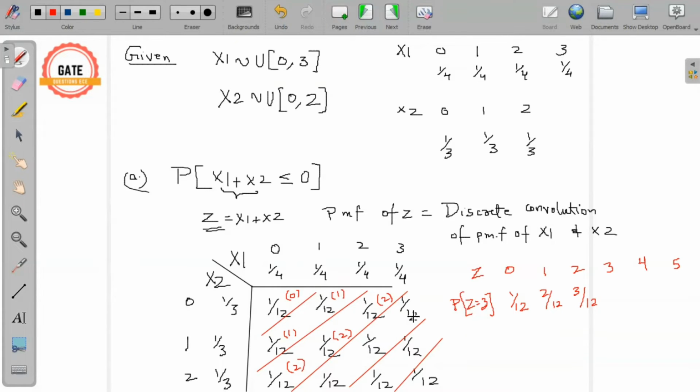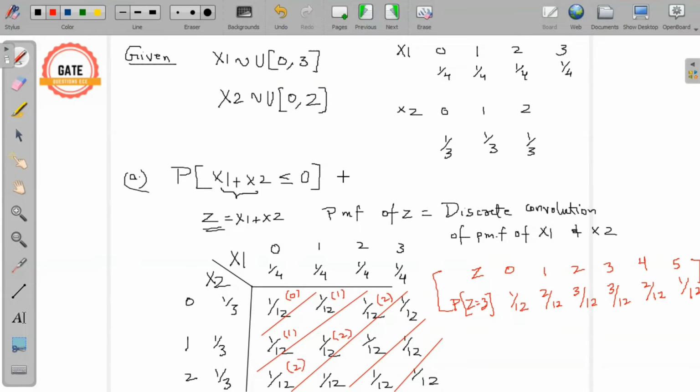Similarly, these 3 elements we add up and the answer is 3 by 12. For z is equal to 4, we add these 2 elements, so the answer is 2 by 12. And for z is equal to 5, there is only one single element, so the answer is 1 by 12. So now we have the p.m.f of z.